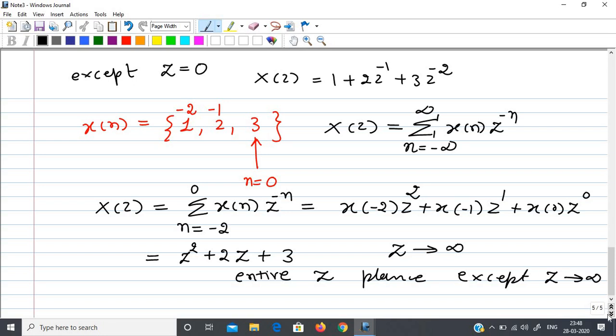Now, let me take one more simple example where the sample values are the same as in the previous two examples. Let x of n be 1, 2, 3. But this time I have placed the arrow here. This means that this sample value 2 corresponds to n equals 0.